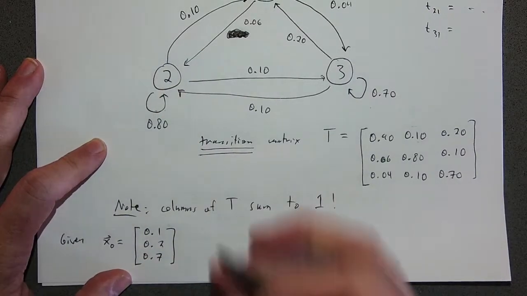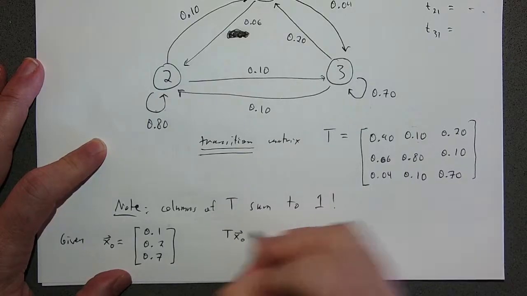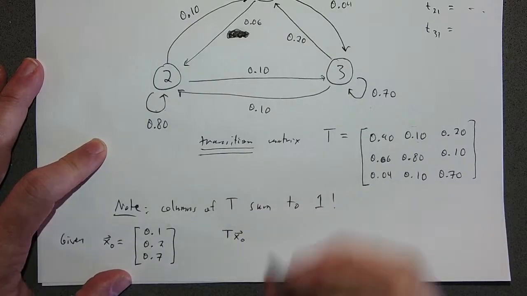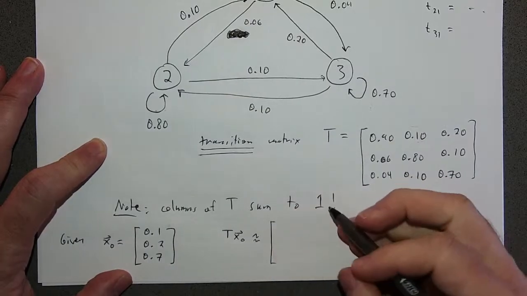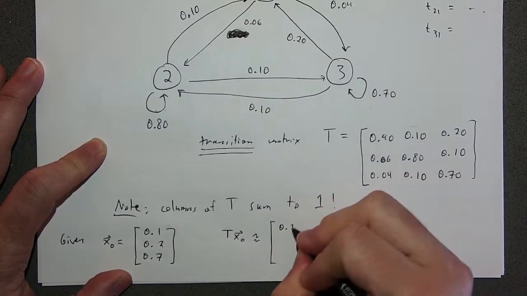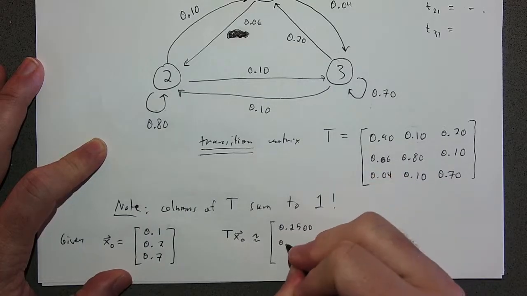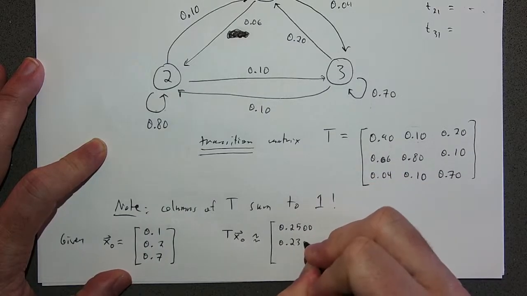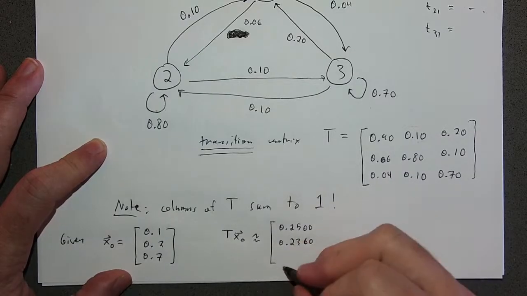Now, if we hit this with the matrix T, what do we get? So if I multiply this out, this is approximately 0.2500. I'm writing this out because we were actually interested to see how this distribution moves about.